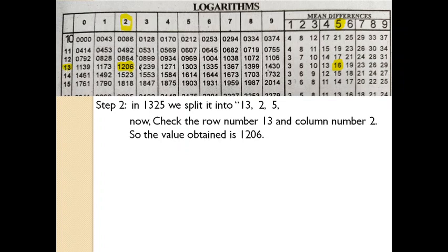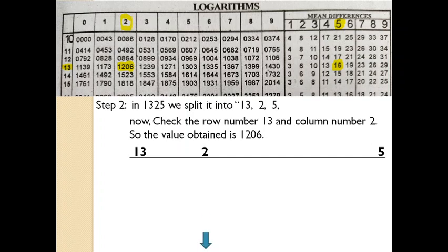From this point onwards, we will depend only on this row alone. On 13, which number has to be selected depends upon the second part, that is 2. So we go for the second column, the number is 1206. You have got one part, 1206. Next one.